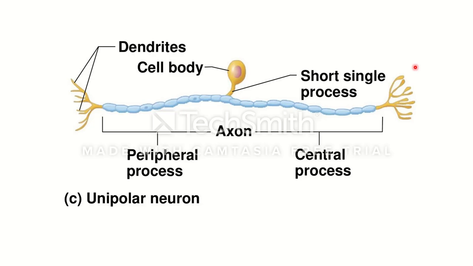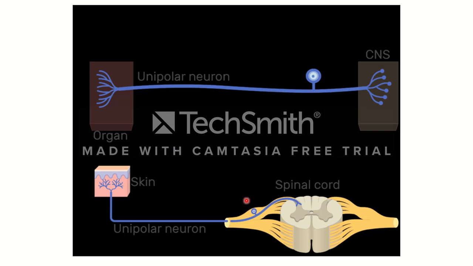And a collection of these cell bodies makes the dorsal root ganglion here, or DRG in brief, that is related to the spinal nerves or cranial nerves.